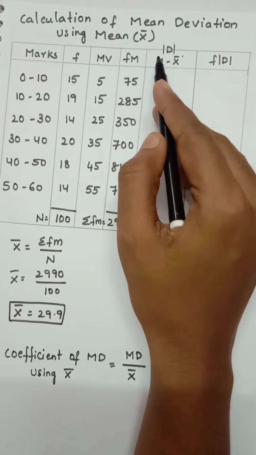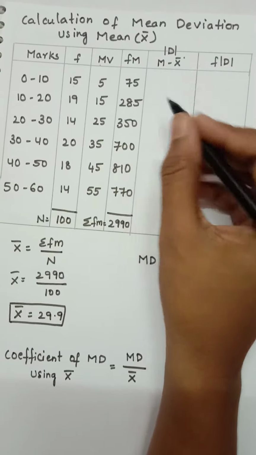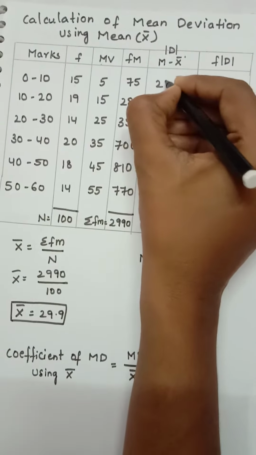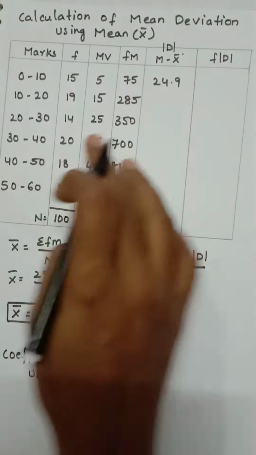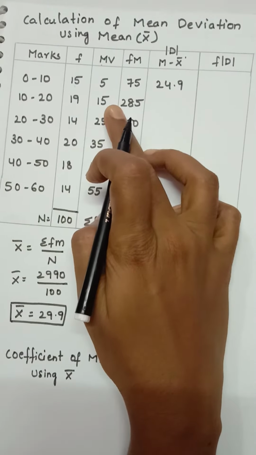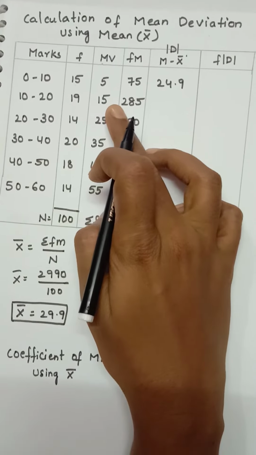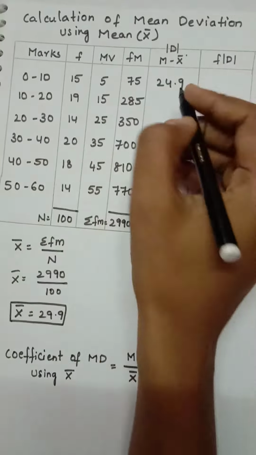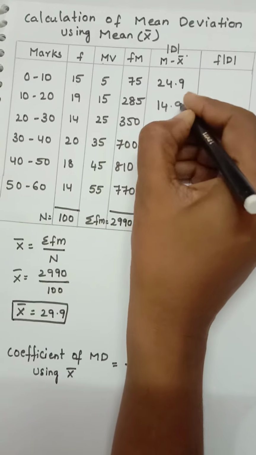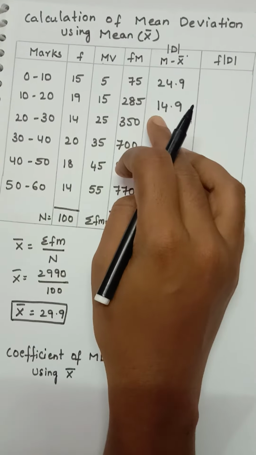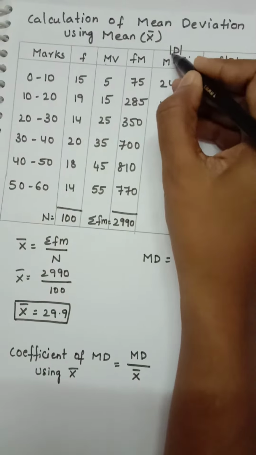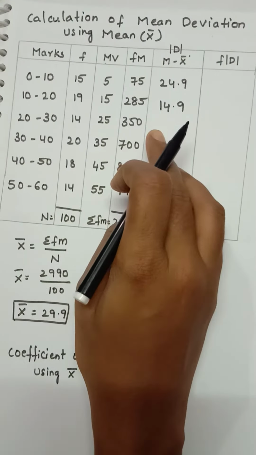Mod d means we should not consider the minus sign here. So only 24.9 we need to take. Next one, 15 minus 29.9 is 14.9. We should not consider the minus value because we have taken mod d. D is nothing but deviation.